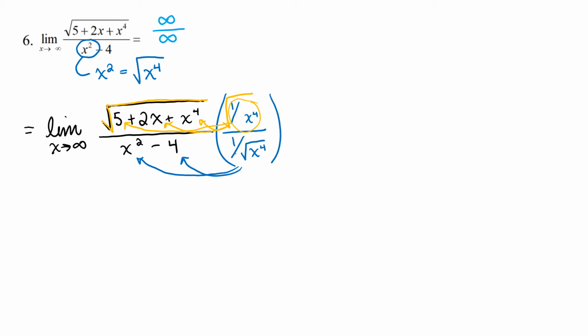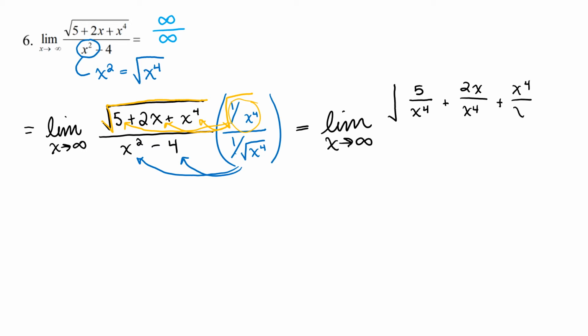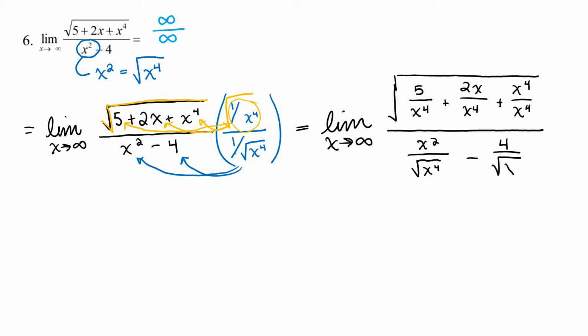So this will be equal to the limit as x approaches infinity of the square root of 5 over x to the fourth plus 2x over x to the fourth plus x to the fourth over x to the fourth, over x squared over the square root of x to the fourth minus 4 over the square root of x to the fourth.